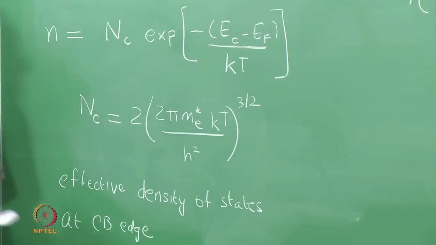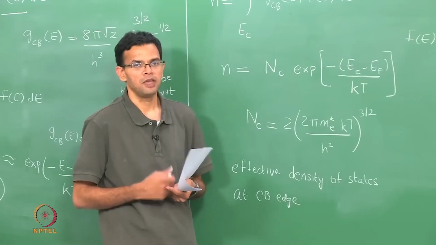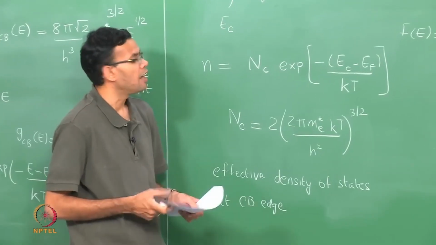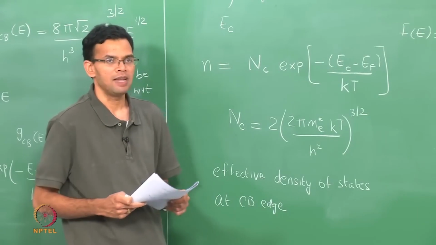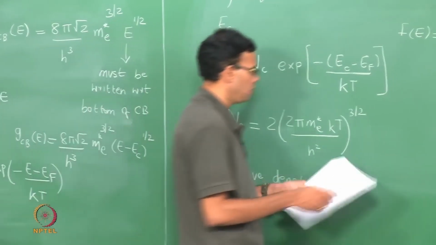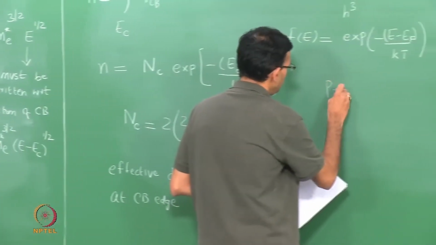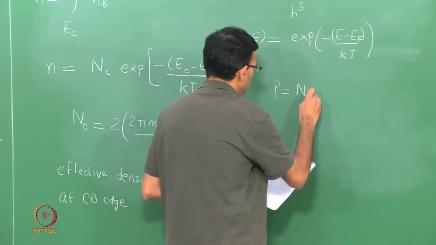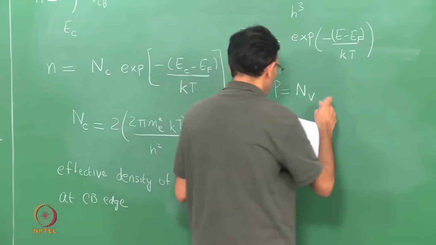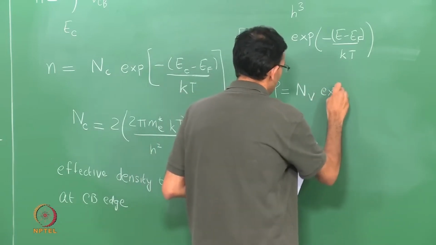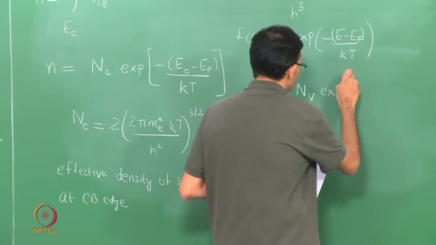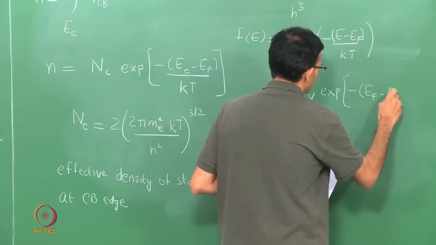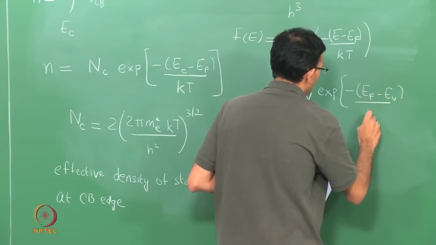Whatever derivation we did for electrons, we can equally do for holes in the valence band. I will not do the derivation for holes, but I will just write down the expression. For holes, p, which is the concentration of holes in the valence band, is Nv, which is a constant, times exponential of minus (Ef minus Ev) over kT.